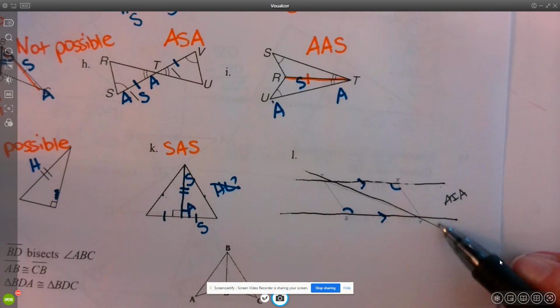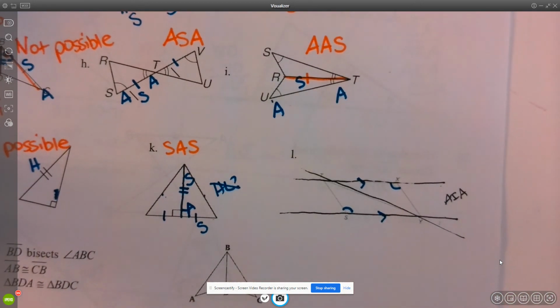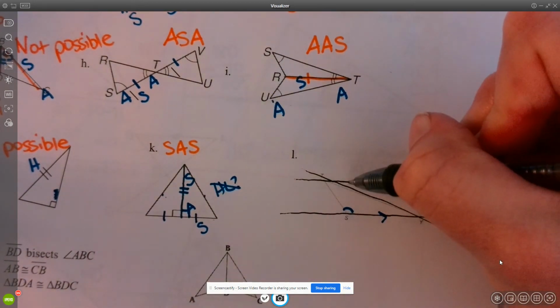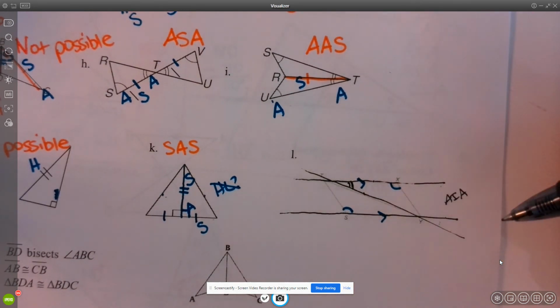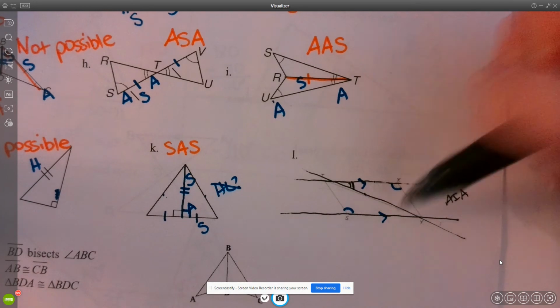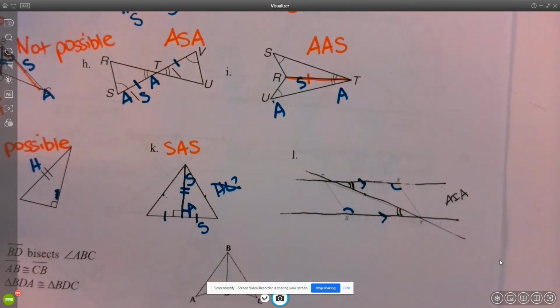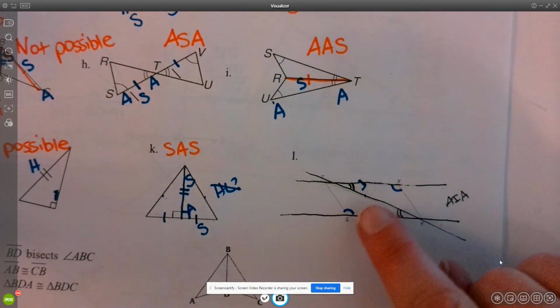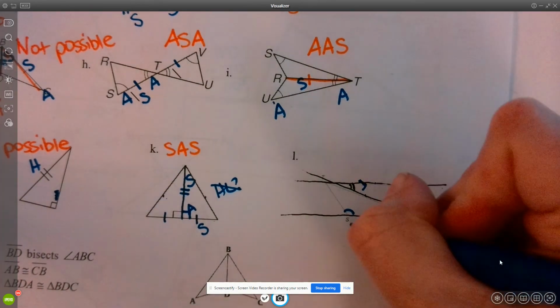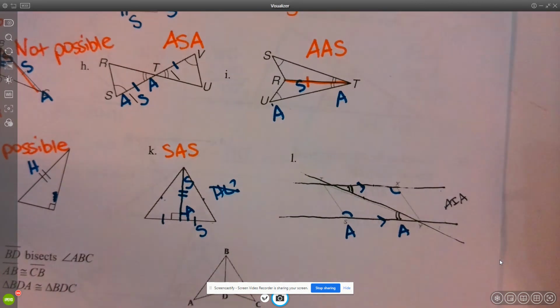Here's my parallel lines. Here's my transversal. I can see that there's an angle formed here from this parallel line and the transversal. Its alternate interior angle would be down here in this triangle. So far, these two triangles have two pairs of congruent angles.